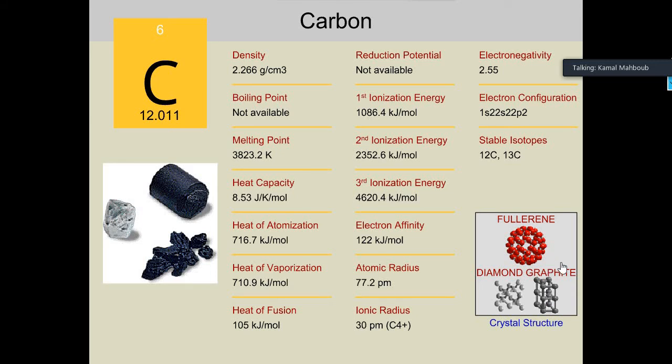Because of the atom arrangement, we have different kinds of carbon like that. This does not happen in normal conditions. It happens under the surface of the earth by very high temperature and pressure. And when we have all of these things, sometimes we can find diamond.